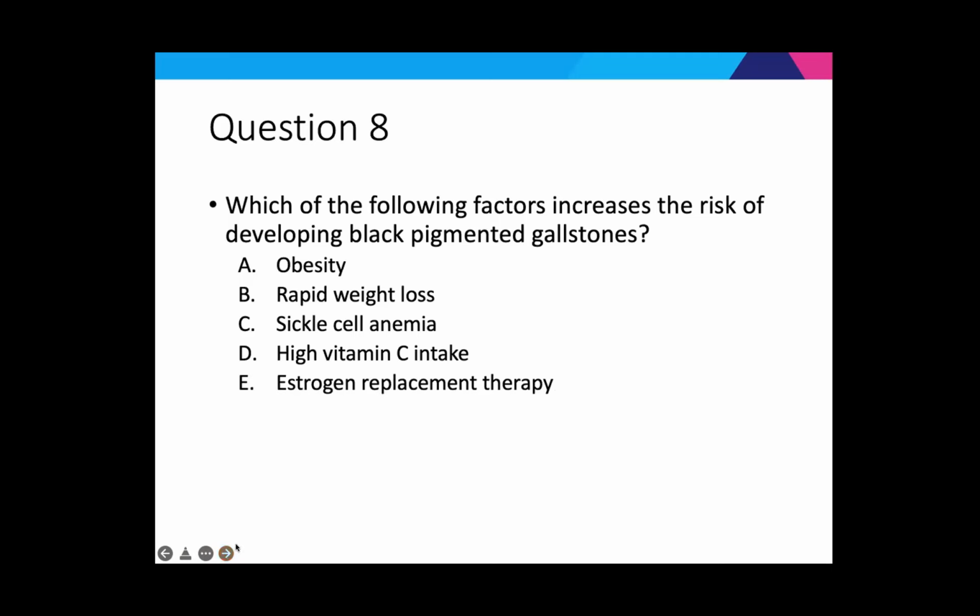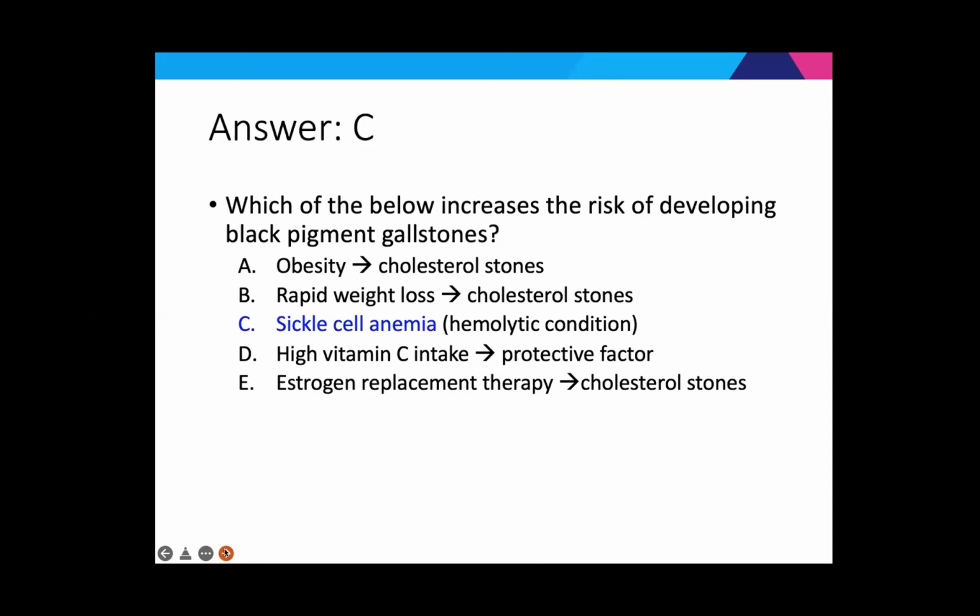This might be an easy question for you guys, but the answer is C, sickle cell anemia. Black pigmented stones are associated with hemolytic conditions. All the other risk factors shown here are associated with cholesterol stones. The exception is vitamin C, which has actually been shown to be a protective factor.